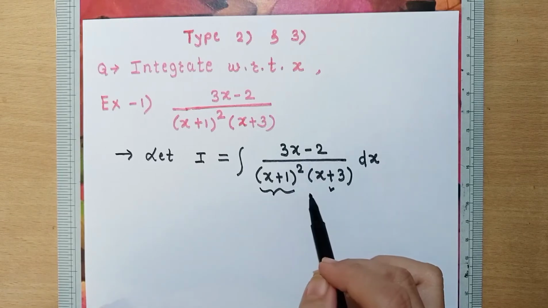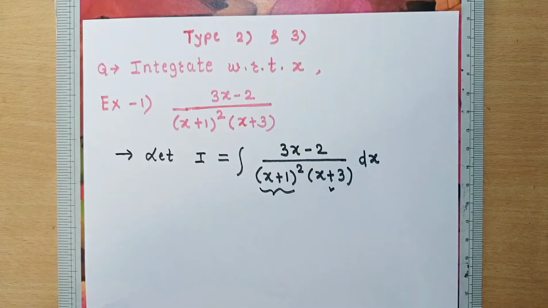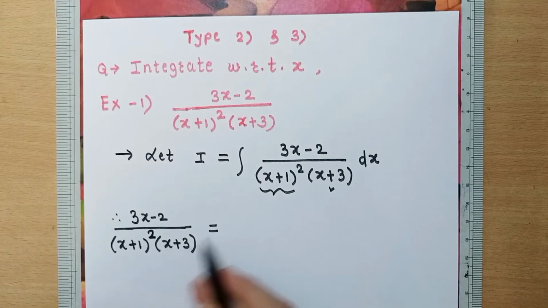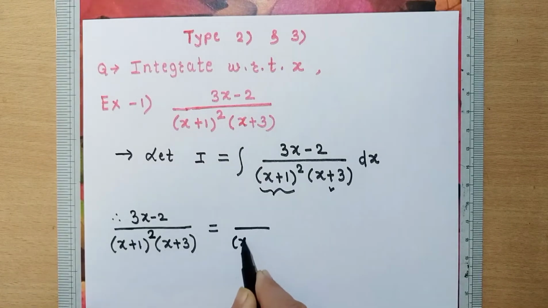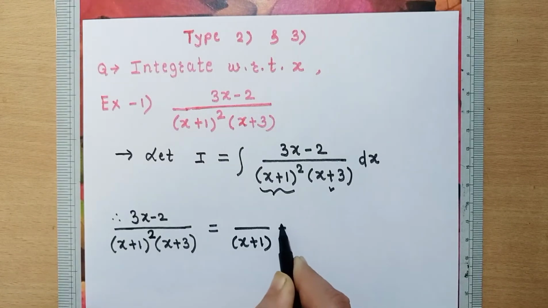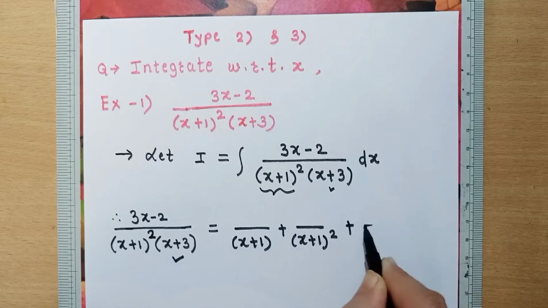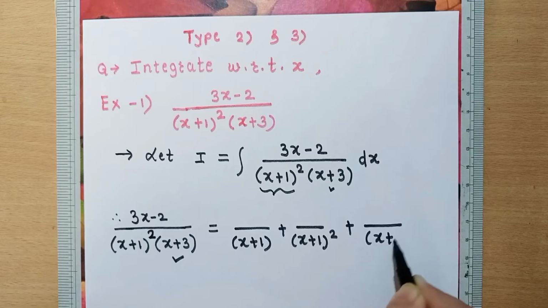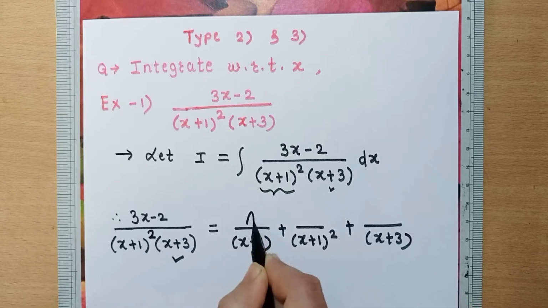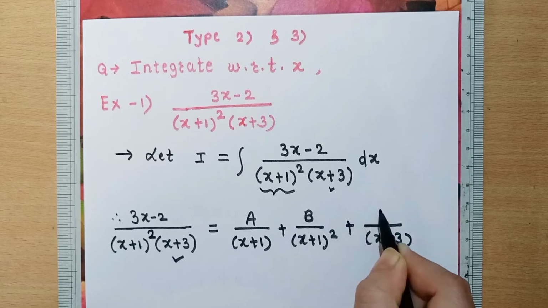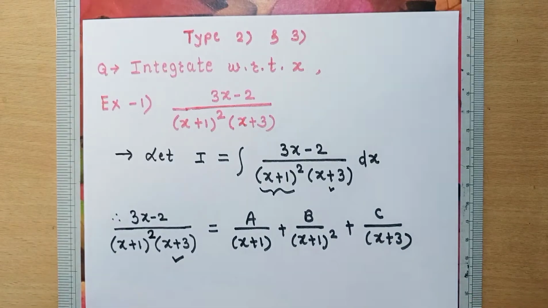So again we can write this integrand as, first A over x plus 1, then B over (x plus 1) whole square, and then we will write this linear factor x plus 3 with C, and then we will find constants A, B and C.